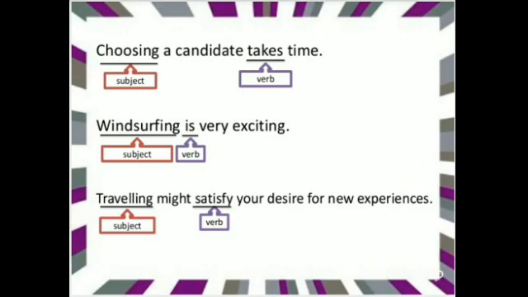It answers the question, what takes time? So, it is choosing. Windsurfing is very exciting. The main verb is is and subject is windsurfing. Next is traveling might satisfy your desire for new experiences. Satisfy is the verb and traveling is the subject, or it is the gerund in the sentence.